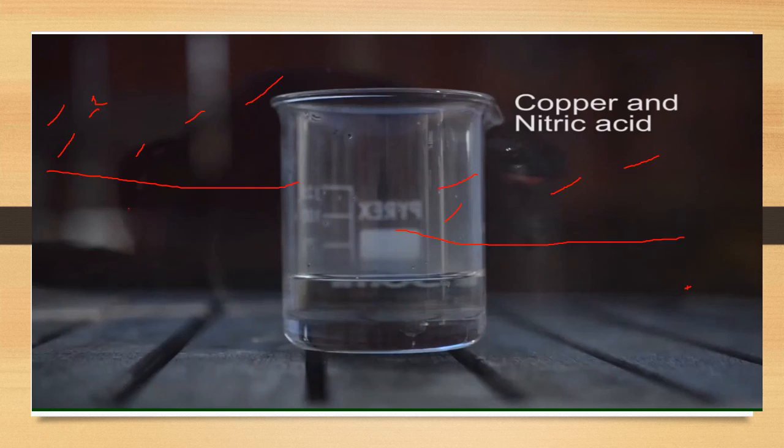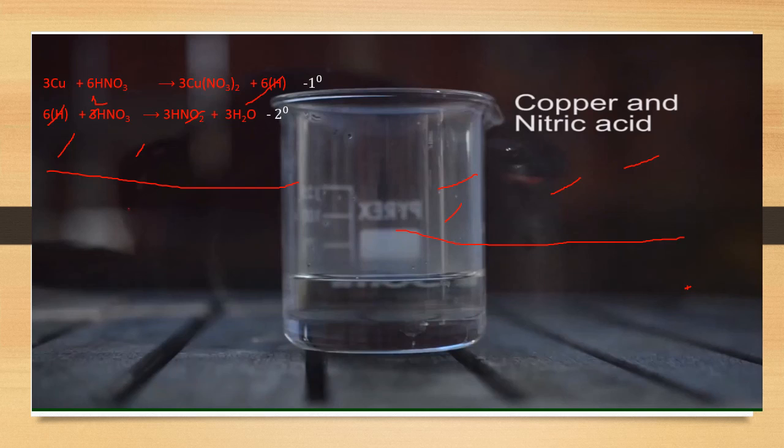Let's learn the reaction that takes place with copper. When copper is treated with nitric acid, the product obtained is copper nitrate plus nascent hydrogen, 6H. This is the primary reaction between copper and nitric acid.